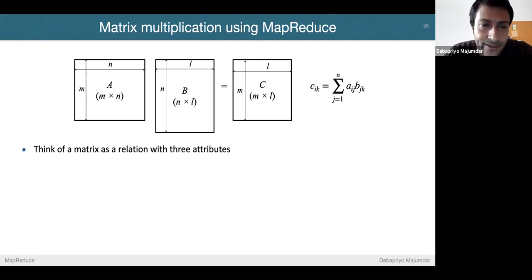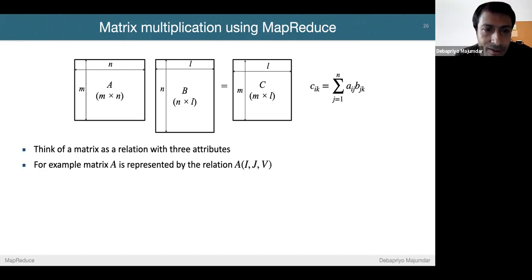So the idea here is we will think of a matrix as a relation with 3 attributes, or a table with 3 attributes. Okay, so what are the attributes? The attributes are the row index, the column index, and the value.